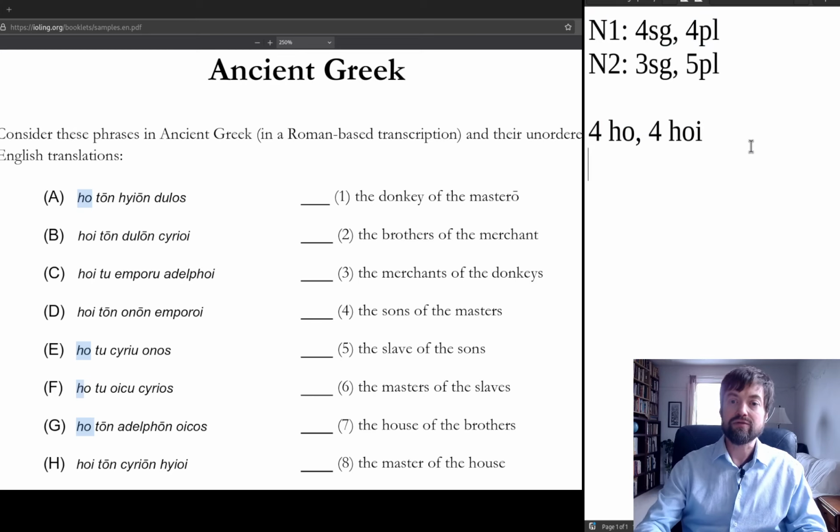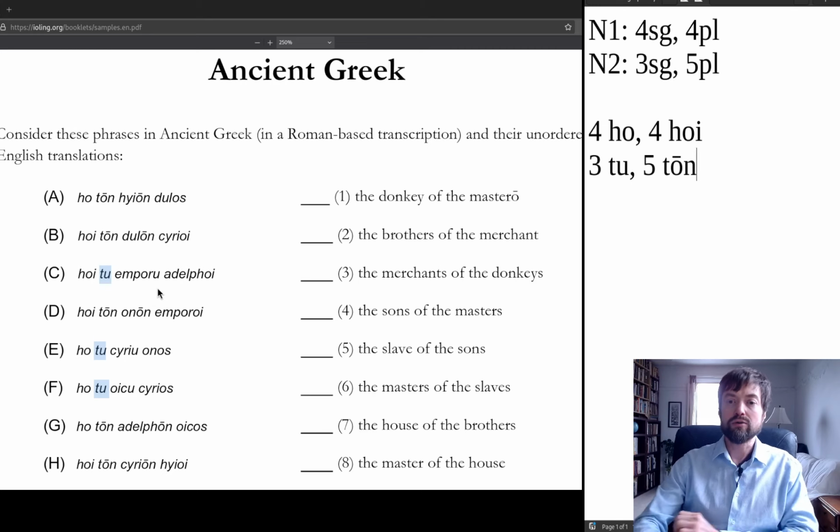And then for the tu and ton, here we have 1, 2, 3, and 5 ton. So that seems to be lining up with number 2. But to be sure here, let's also look at these endings.